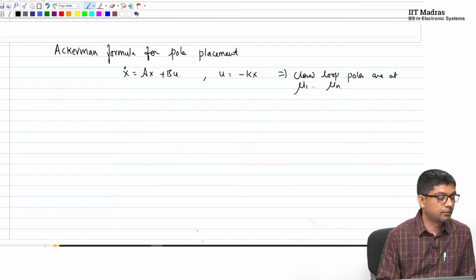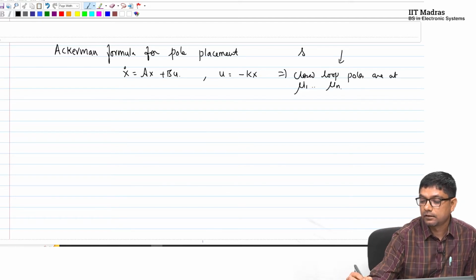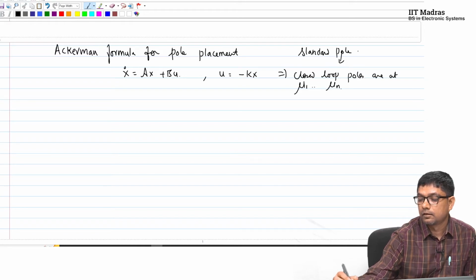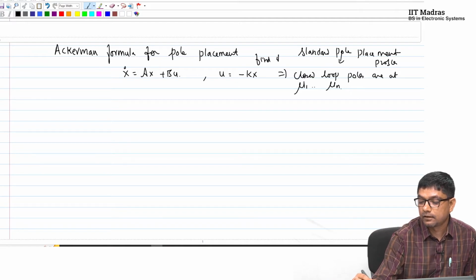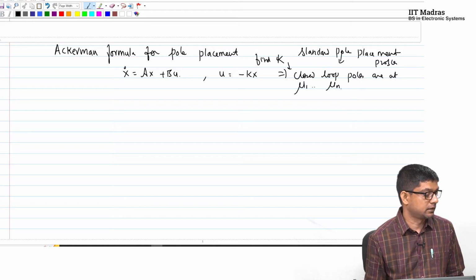So that is the standard pole placement problem: find K such that the closed loop poles are at these desired locations.